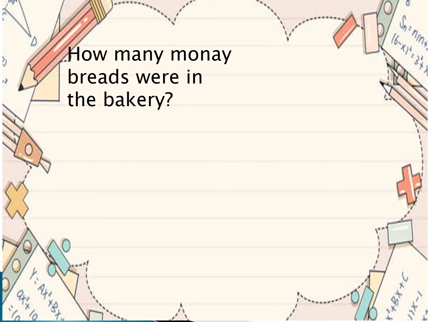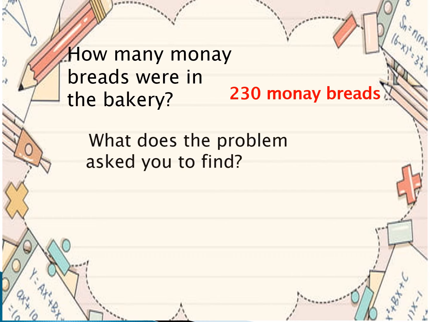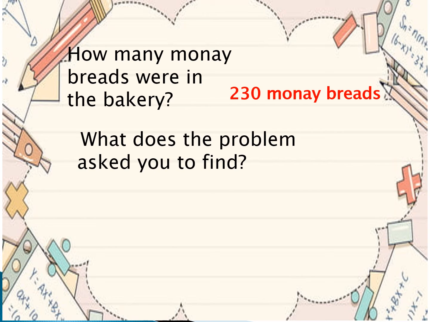Let us study or answer the following questions. How many Monai breads were in the bakery? The answer is 230 Monai breads. What does the problem ask you to find?